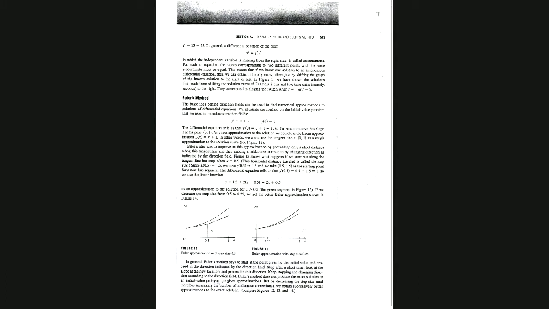So y minus 1 equals the slope 1 times x minus 0. And so y will equal x plus 1. Okay, that's how they get this right here. Are there any questions on that?